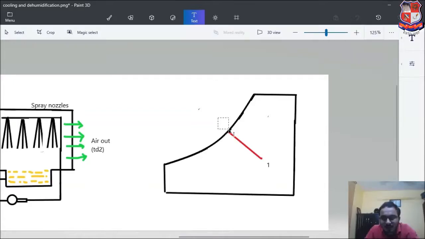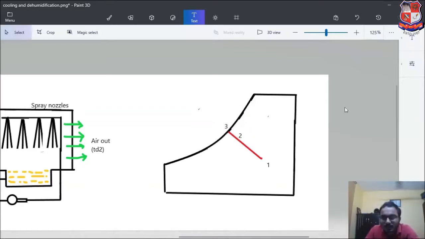So this is the temperature of spray of water. So it is equal to the wet bulb temperature of air. That is, this indicates the wet bulb temperature. And we will be in a position to reach up to, let us say, point number 2.